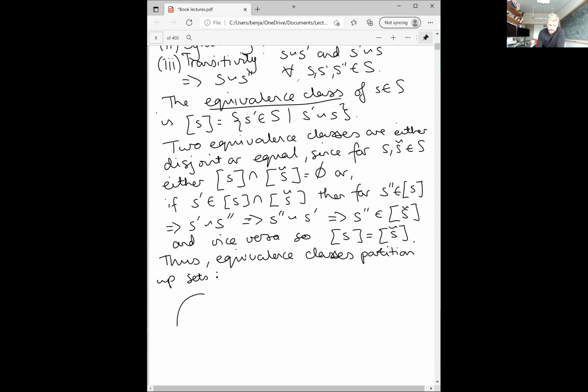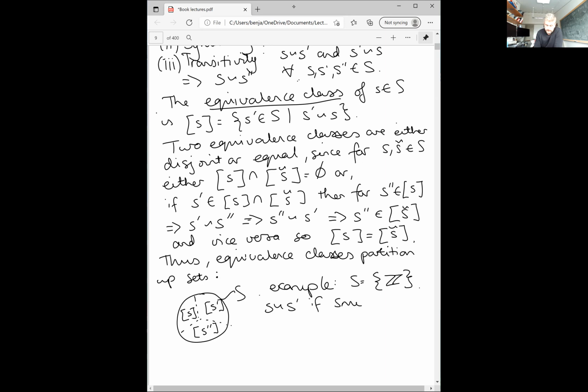What I mean by that is we take our set S and we could have varying numbers of different equivalence classes, but because they're disjoint or equal, we can add them all up and get the set S. So let's take an explicit example. Let's take the set of all integers. And then let's say that if s mod 2 is equal to s prime mod 2, then they're equivalent.